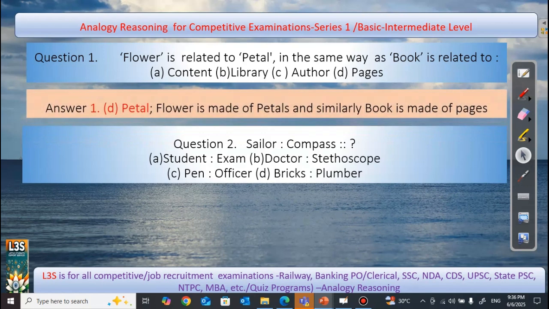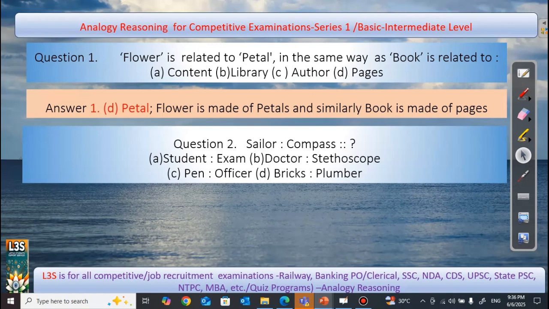It will be 1D, pages. Flower is made of petals and similarly, book is made of pages.